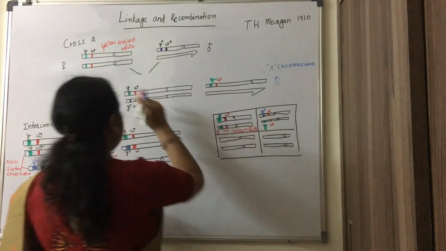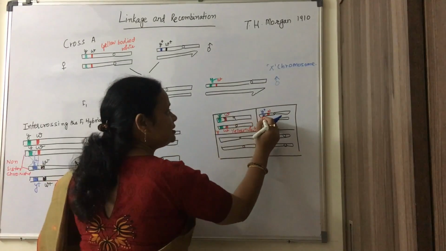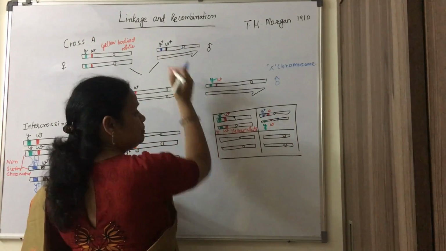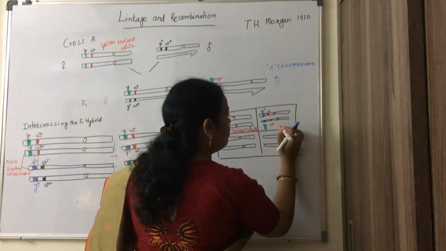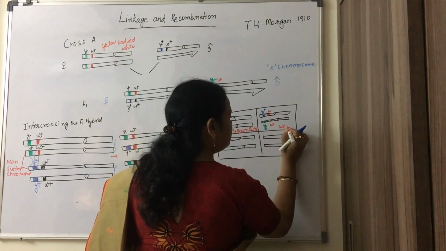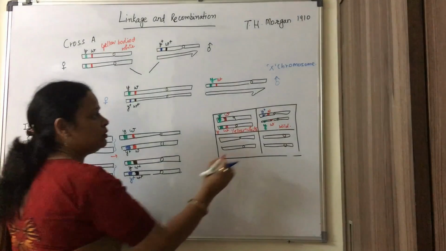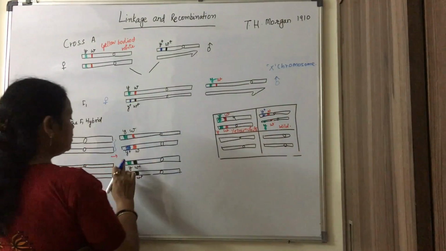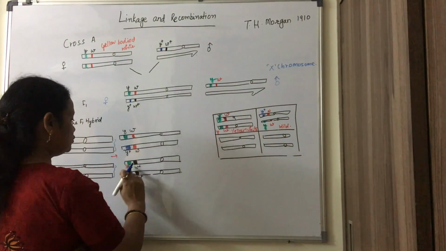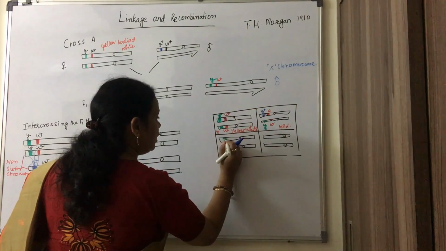Y and W are the parental features, but the new thing is Y plus. Y plus is brown bodied, and this brown body we call the wild type.